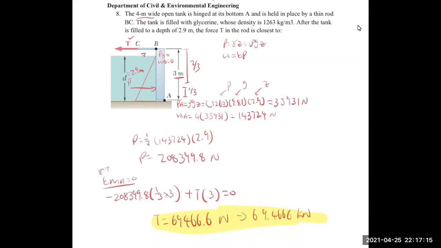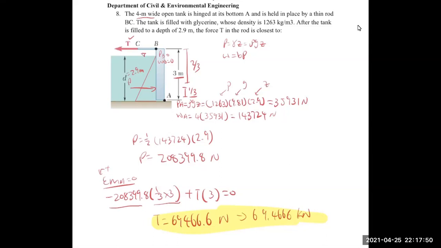Okay, so next thing I have to do right here is just take a moment. Okay, so I take a moment about point A because I find out what my P is. So if I take a moment about point A, so I can find out what my T is. Okay, so this is my P, and then we know that since it is triangular, this should be lower. So this one will be half of the distance right here. I mean, my bad, not half, 1/3 of the distance from P to A. Okay, so that will be P multiplied by 1/3 of 3, and then plus T multiplied by 3 because the perpendicular distance between T to A is 3 meter, right?